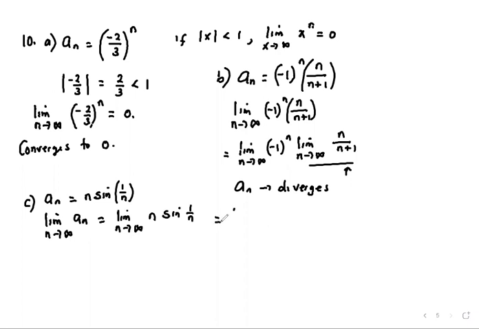Then you write n as 1/(1/n). If you let x be 1/n, what you end up having is the limit as x goes to 0 of sine x over x.